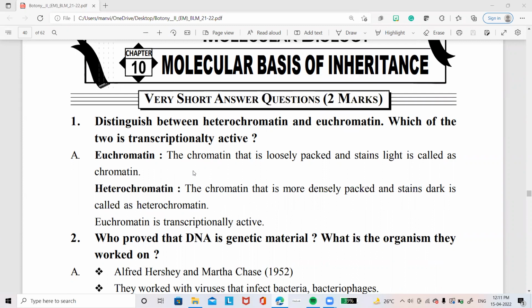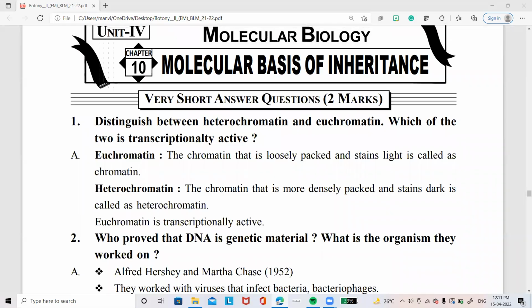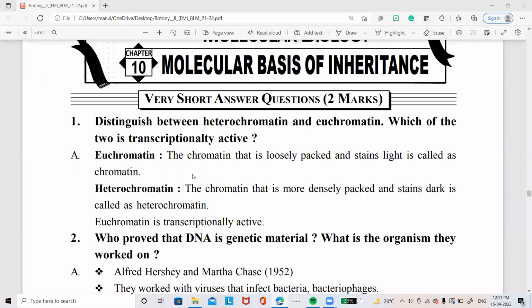Euchromatin, the chromatin that is loosely packed and stains light, is called euchromatin.